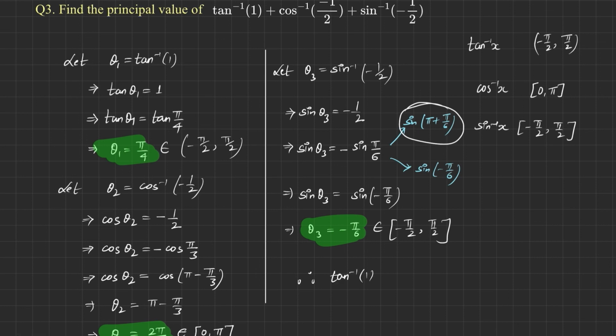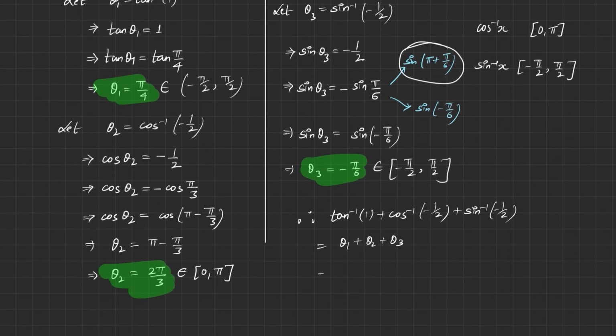Therefore tan inverse of 1 plus cos inverse of minus 1 by 2 plus sine inverse of minus 1 by 2 can be written as theta 1 plus theta 2 plus theta 3. The value of theta 1 is pi by 4, plus the value of theta 2 is 2 pi by 3, and the value of theta 3 is minus pi by 6.